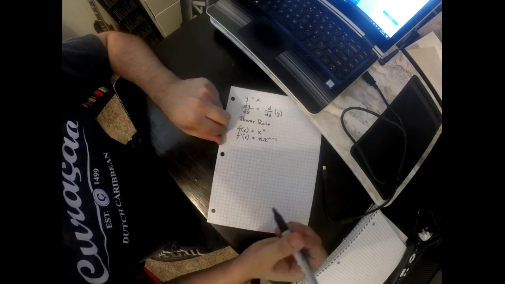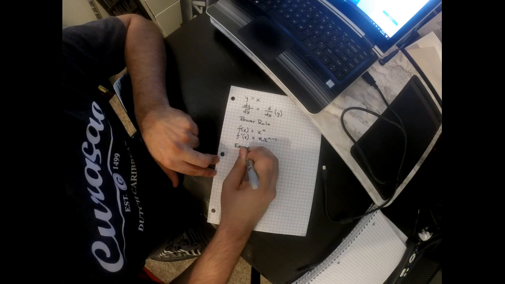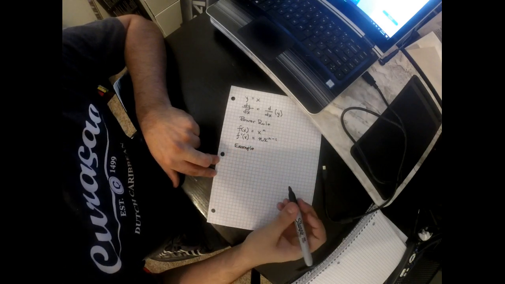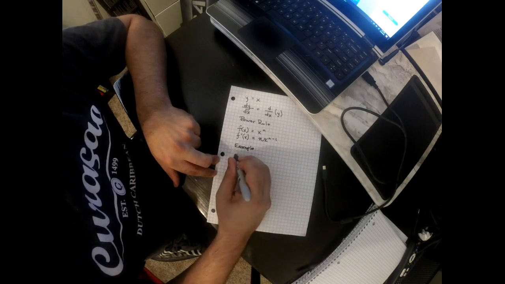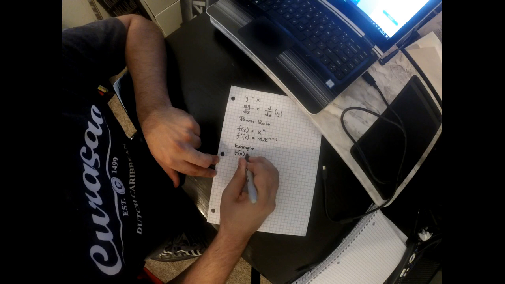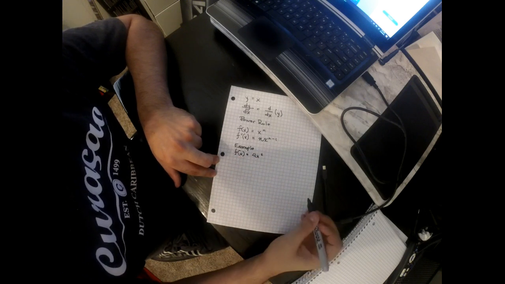So once you've taken the derivative, you have to have subtracted 1 from the original exponent. And so if we do an example, let's say that f of x equals 4x squared.